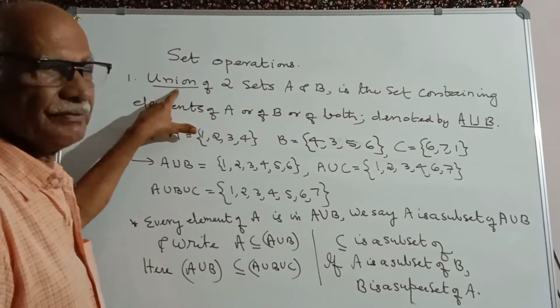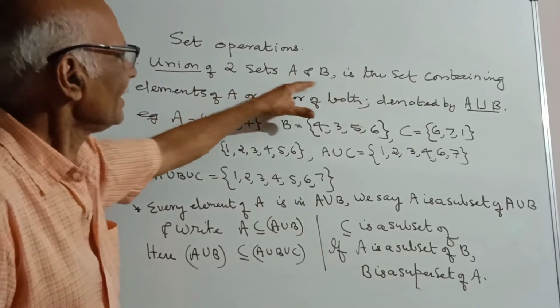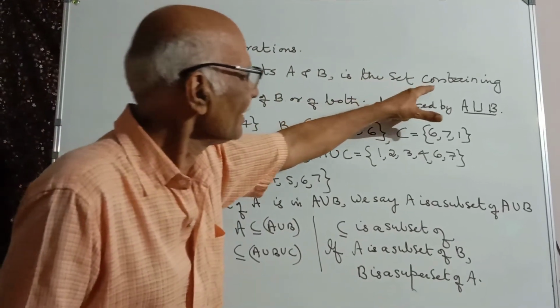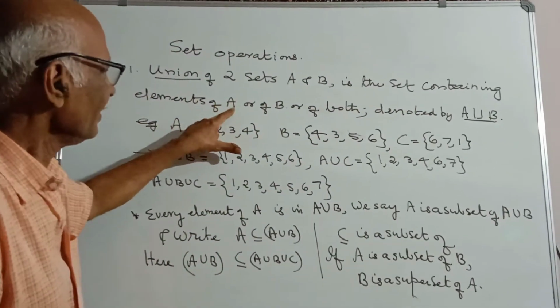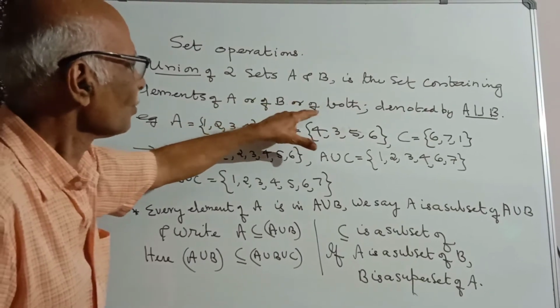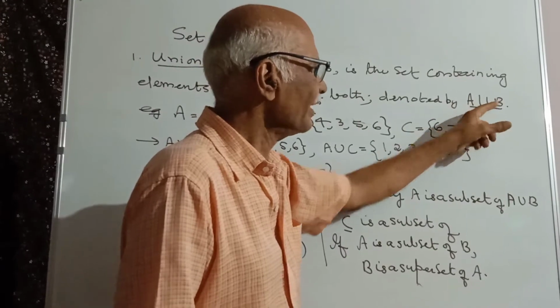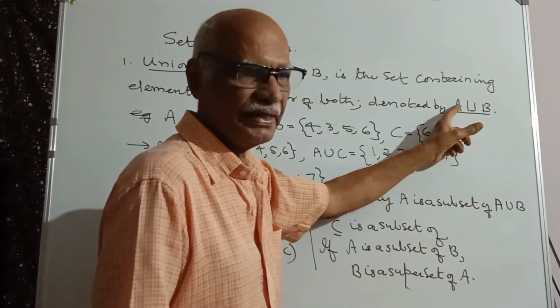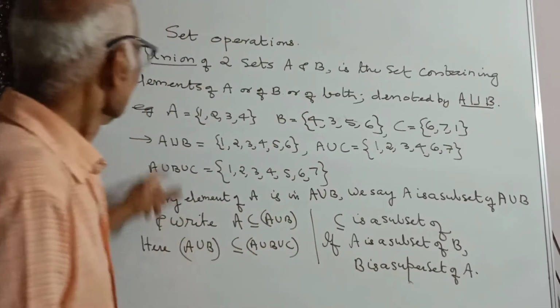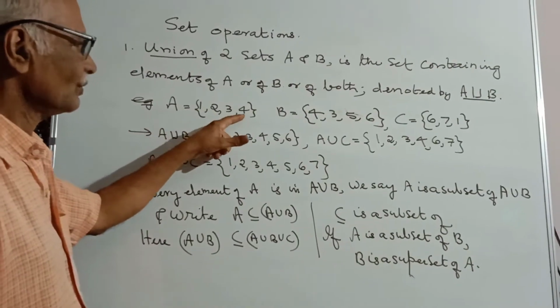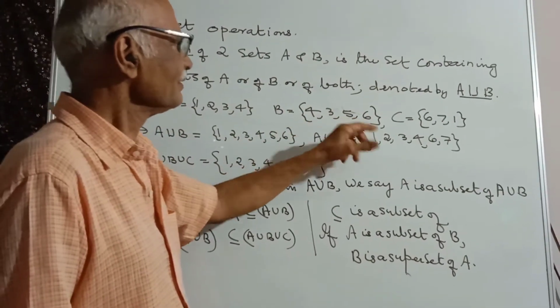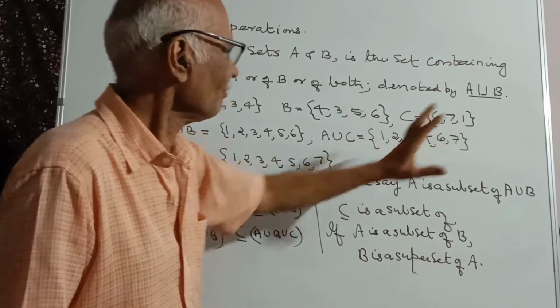1. Union. The union of two sets A and B is the set containing elements of A or of B or of both. It is denoted by A ∪ B. This is the symbol for the union. Now example, A is the set {1, 2, 3, 4}, B is {4, 3, 5, 6}, and C is {6, 7, 1}.